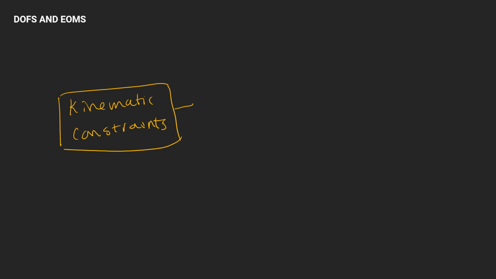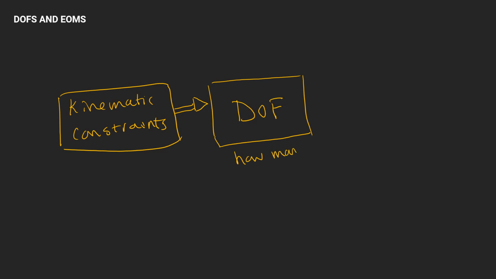And the important reason why we needed to go over and review these kinematic constraints and make sure we're incorporating them correctly is because we need to make sure that moving forward we have the right degrees of freedom for our system, right? We know how many coordinates we need to describe the configuration of our mechanical system.